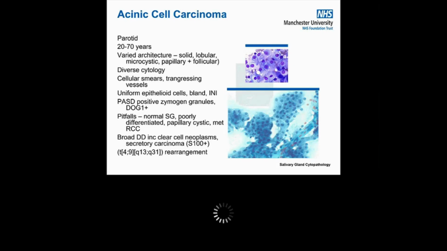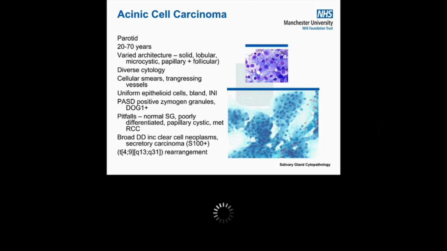There are typically transgressing capillaries through the groups, and the epithelial cells appear bland with prominent nucleoli, and they can have intranuclear inclusions. On direct spread preparations, the nuclei can be stripped from the cytoplasm and be mistaken for lymphocytes.